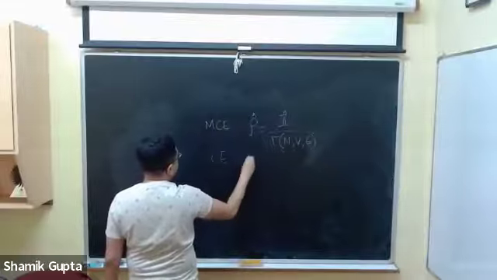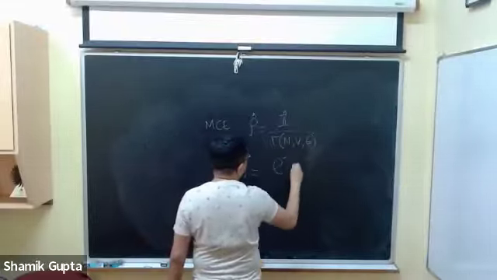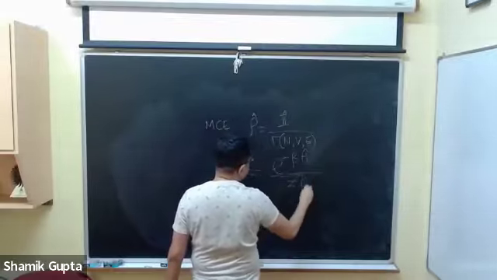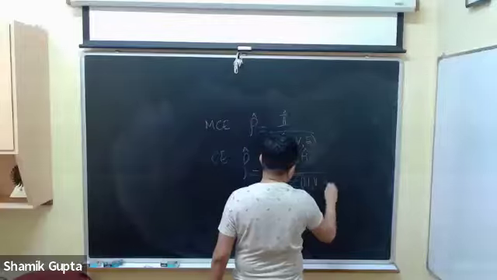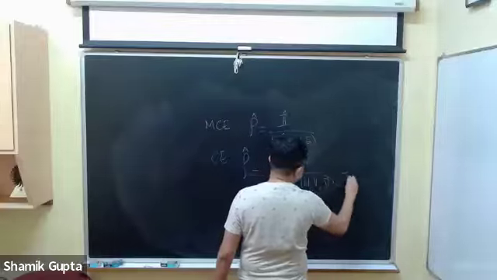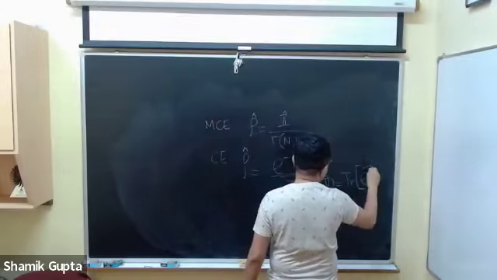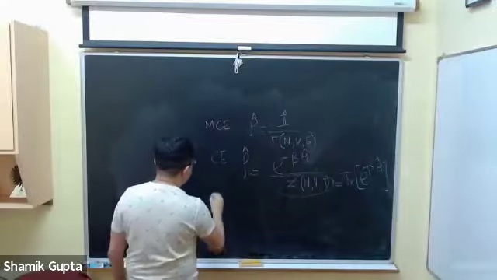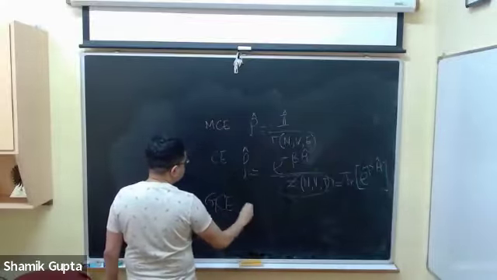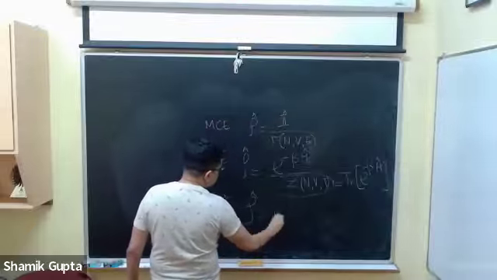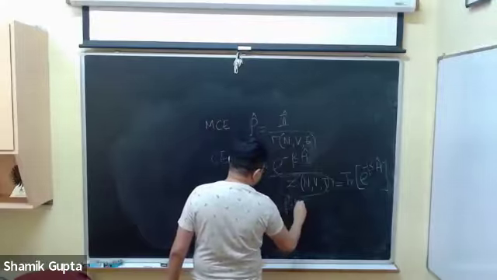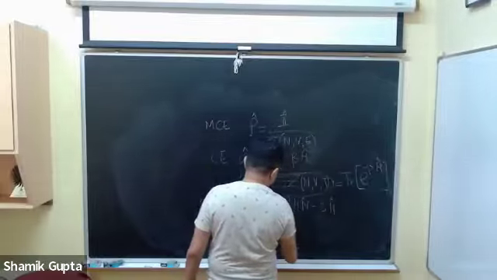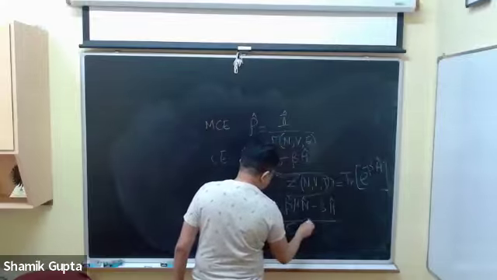And the canonical ensemble, where the density operator is e to the minus beta h divided by the partition function, which, by the way, is given by trace of e to the minus beta h. And then I have the grand canonical ensemble, where rho is e to the beta mu n minus beta h divided by the grand canonical partition function.